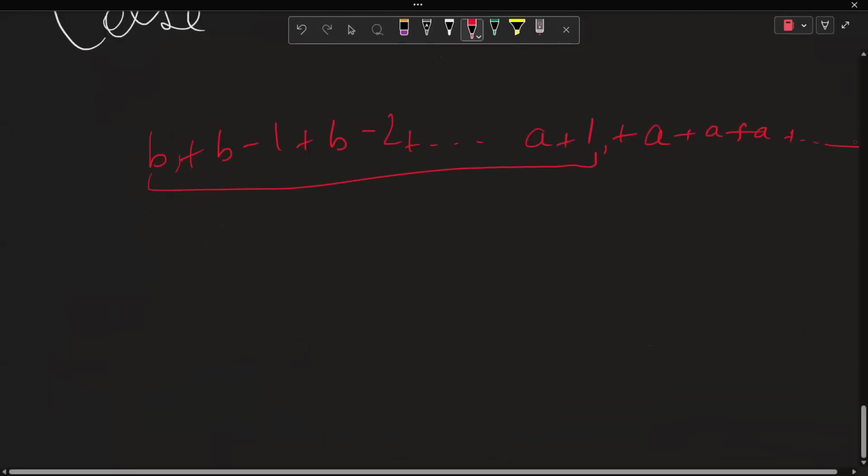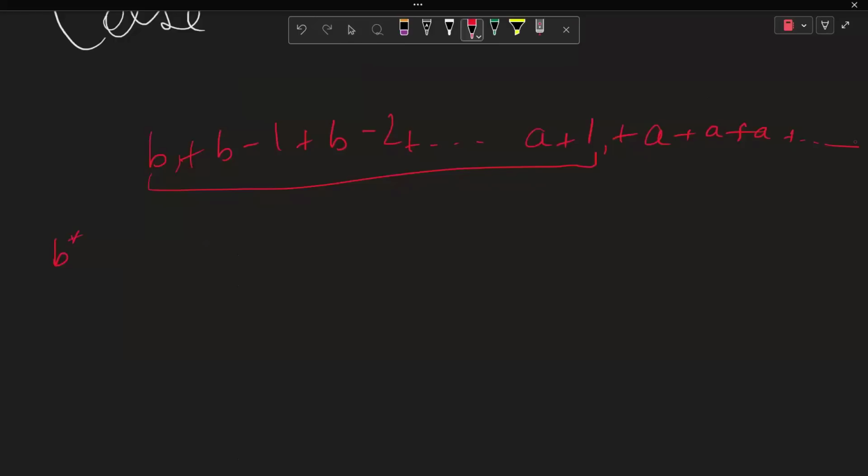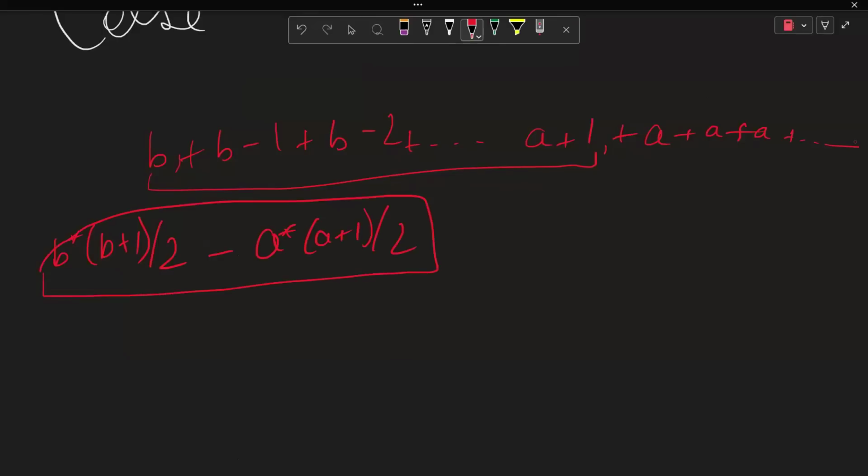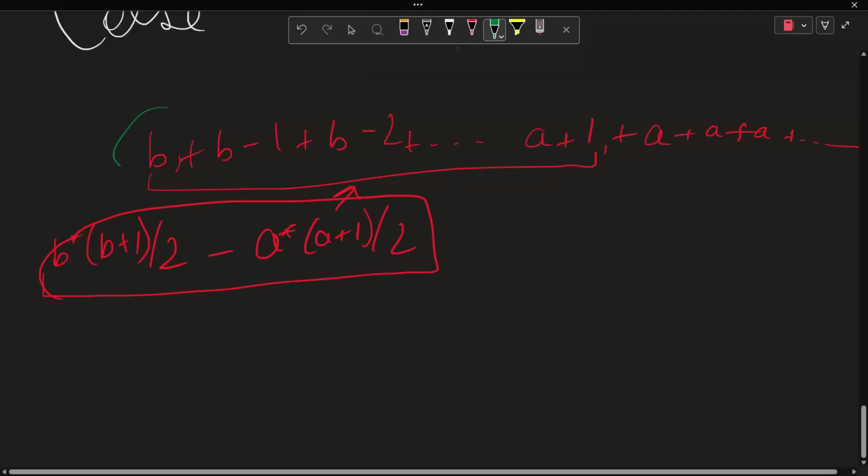Okay. So this part we calculated using b into b plus 1 by 2 into a plus 1 by 2. So this part was calculated. So this thing is the sum of this part. Okay, up till here.